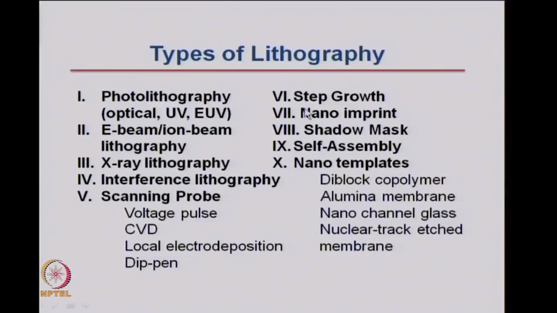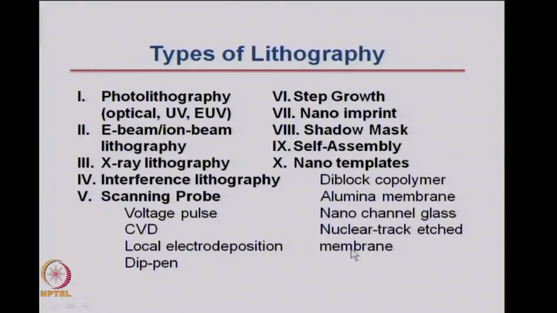Then you can have other techniques like the step growth technique, the nanoimprint technique, the shadow mask technique, the self-assembly technique, and nano templates. Several templates can be used to make lithographic patterns, and some of them can be made using diblock copolymers or an alumina membrane, or you have channels made in glass.